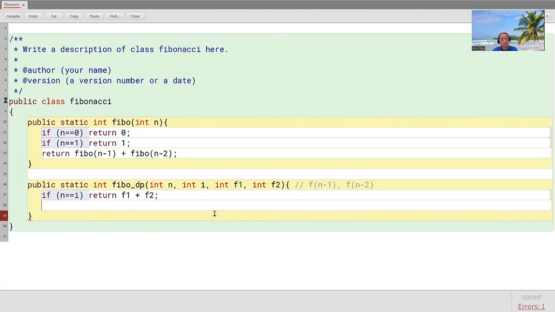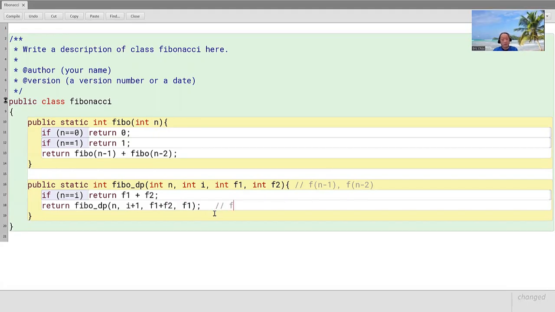Otherwise, you will return the dp, dynamic programming, call with n, I plus 1, f1 plus f2, and f1.